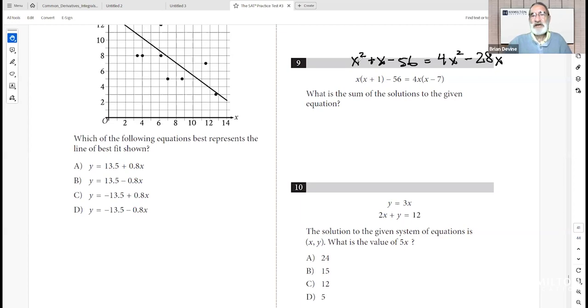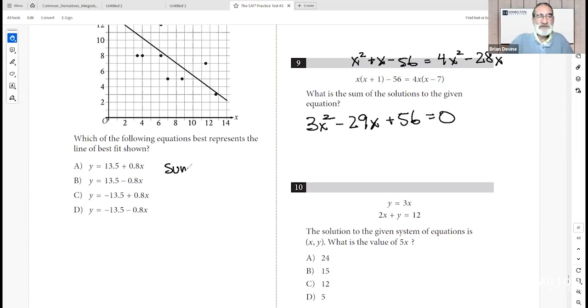And so if I get everything over onto one side, I'm going to subtract x squared from both sides. I'll have 3x squared. I'm going to subtract x from both sides. I'll have negative 29x. I'm going to add 56 to both sides, so plus 56, and that's going to equal 0.